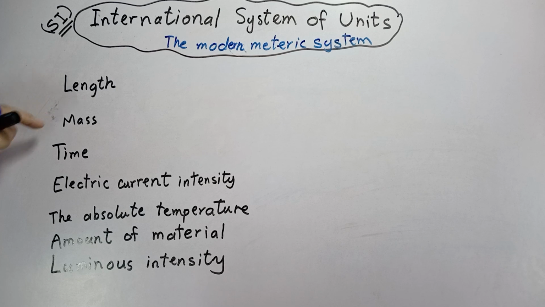These are 7 quantities. These are the 7 fundamental physical quantities.